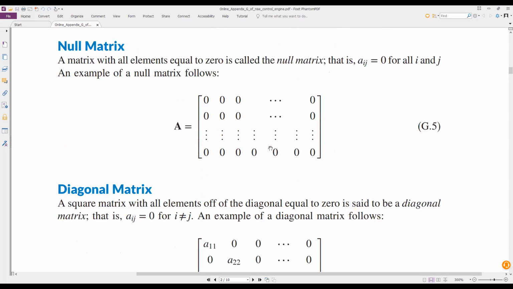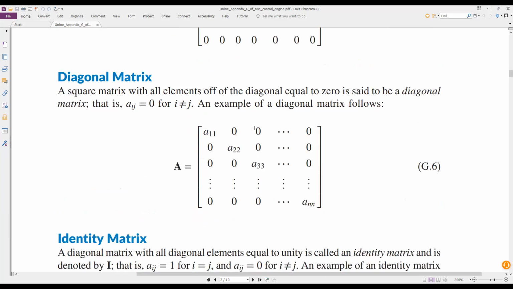Okay, so if all the elements are zeros, it is a null matrix. Now the diagonal matrix: a square matrix with all elements off the diagonal equal to 0 is said to be a diagonal matrix. That is, Aij is equal to 0 for i not equal to j. An example of a diagonal matrix is as follows.